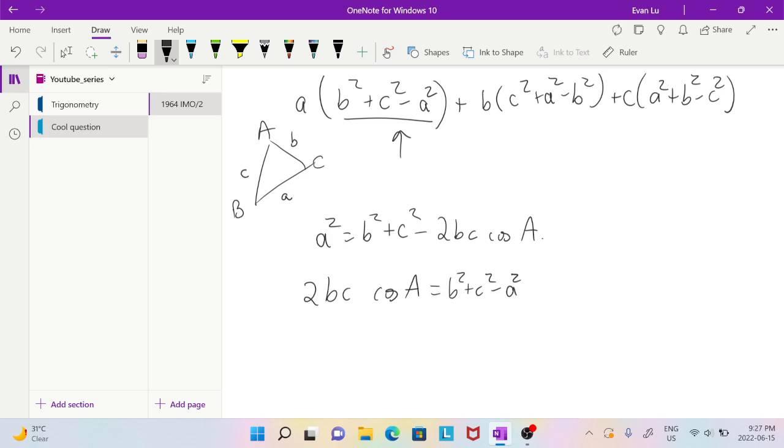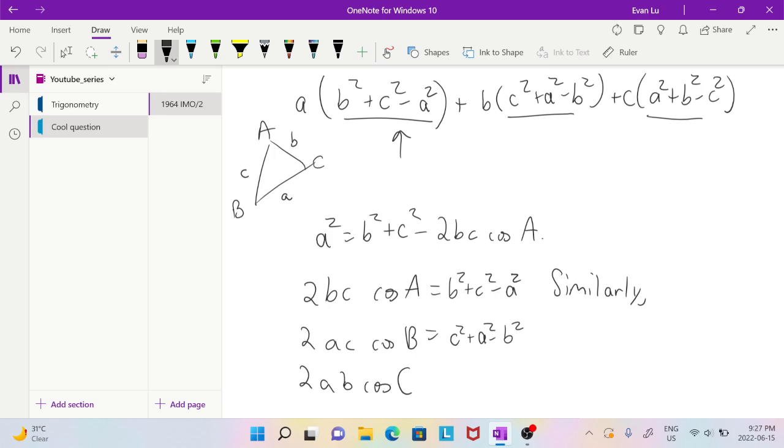So similarly, taking a look at this one, we have 2ac cos B equal to the expression that we have. And then taking a look at the final bracket, we see that 2 times ab cos of C is equal to a squared plus b squared minus c squared.